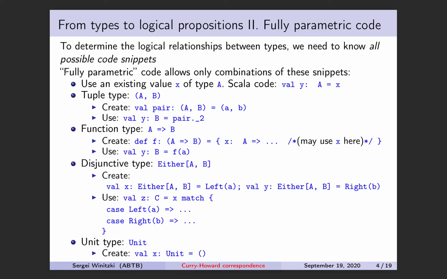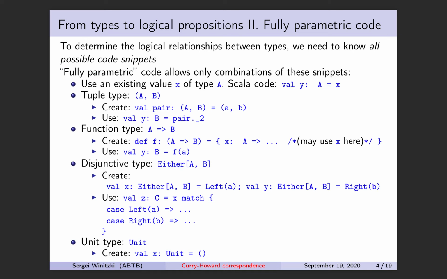So it's actually a stronger restriction that we need. And purely functional code is already a pretty strong restriction, because you're not allowing all kinds of external function calls, side effects, and so on. But actually for Curry-Howard correspondence, you need a stronger restriction. But you get a lot out of that.